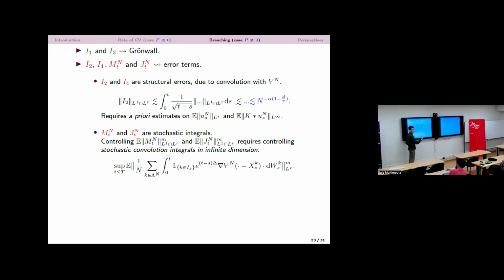Then you have again a martingale, and then you can make things work, but you will pay the fact that the supremum in time is not inside the BDG inequality. So there are some things that are a bit annoying. The other part is that this is a BDG in infinite dimensions, because here you integrate with respect to one of the parameters. So you play a bit with this kind of problem.